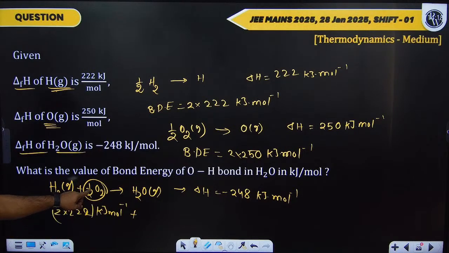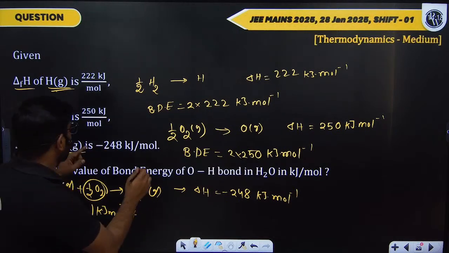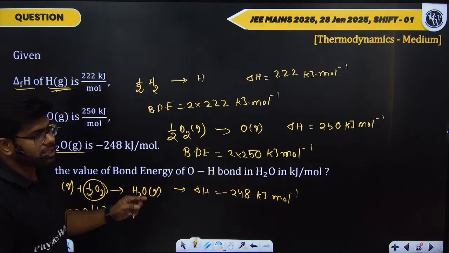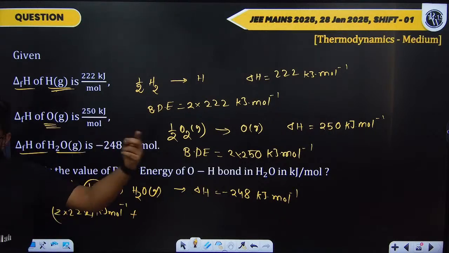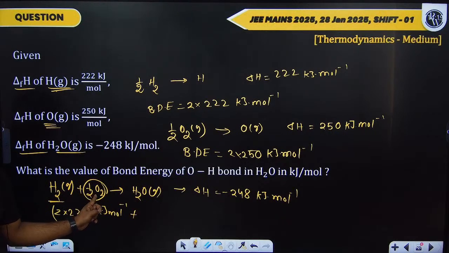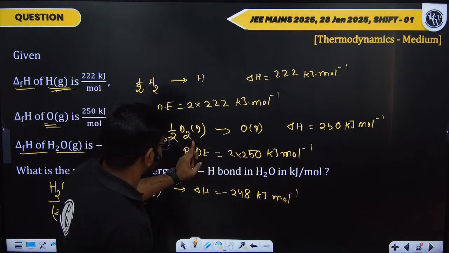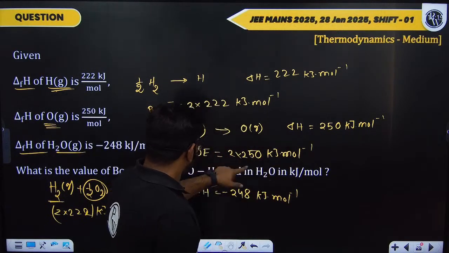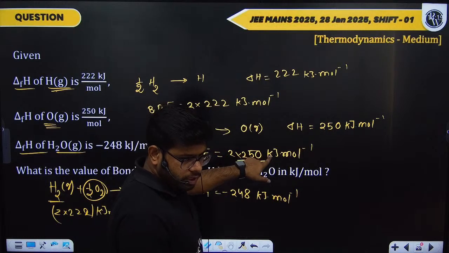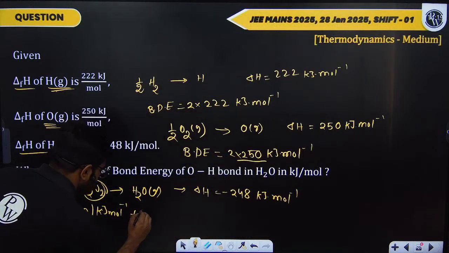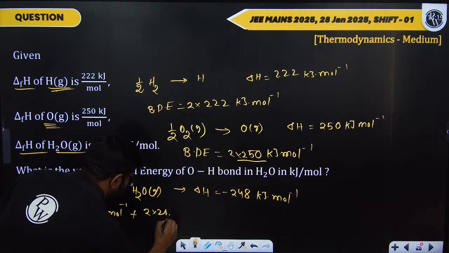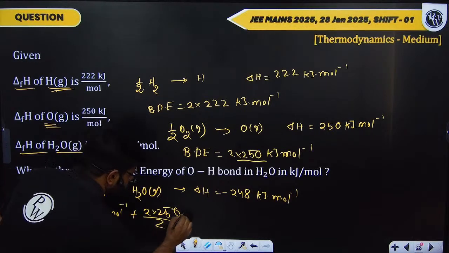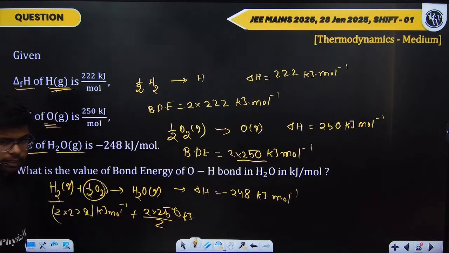So see, bond dissociation is per mole, correct? Per mole, that means for 1 mole this is the energy, but here how much is required? Half mole. So I need to divide by 2. Then the energy required here is that divided by 2 joule per mole, correct?